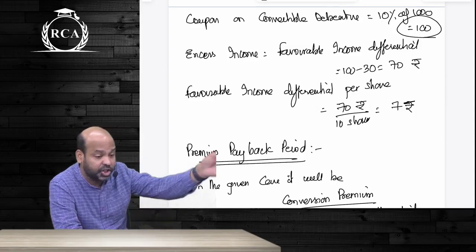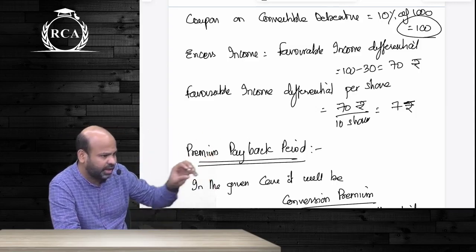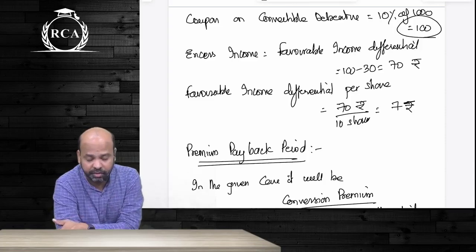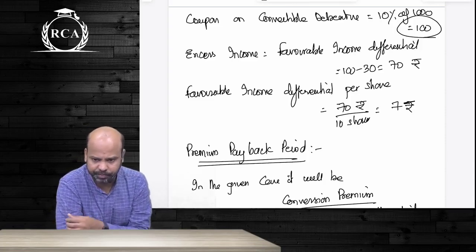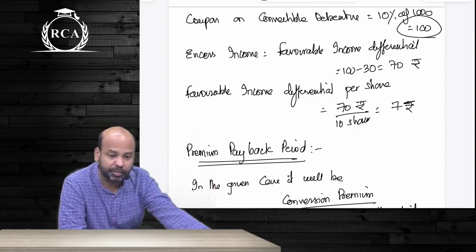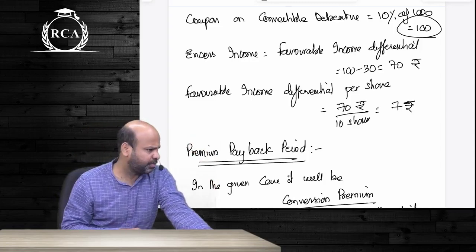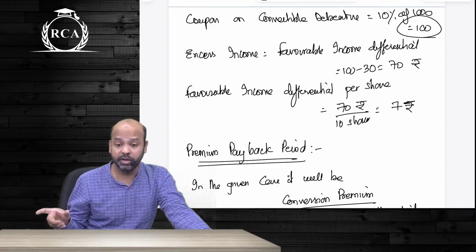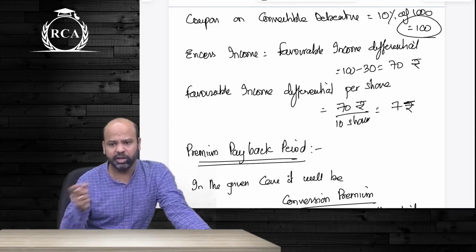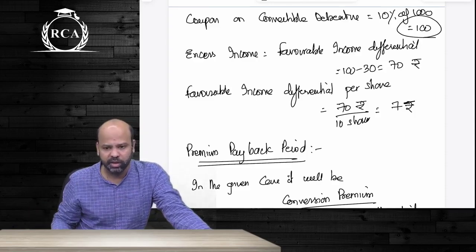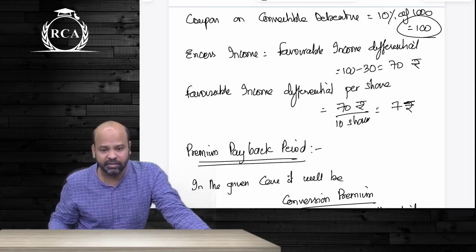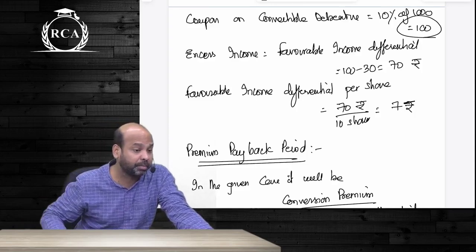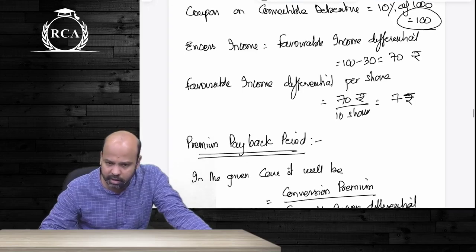If my conversion premium is 300 rupees and my favorable income differential is 70 rupees, I paid 300 rupees more than the value of equity shares, but every year I will get an extra income of 70 rupees. In how many years will you be able to recover that 300 rupees? 300 divided by 70. That is called your premium payback period. Are we clear about this?